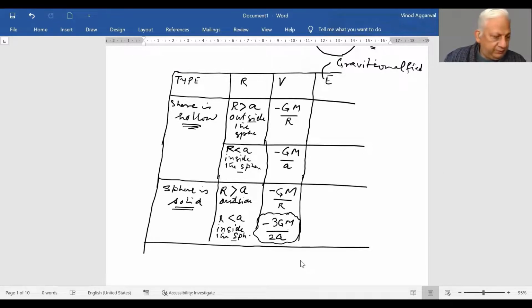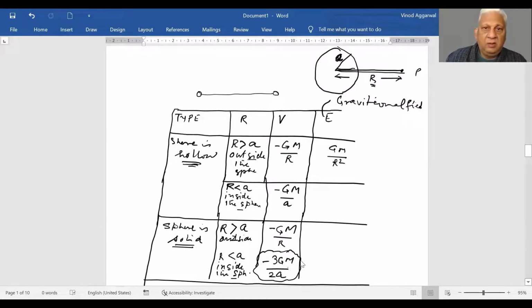Now what happens to E? Our E is given as Gm by R square. Why is it so? Because if you take these 2 points, what is E?